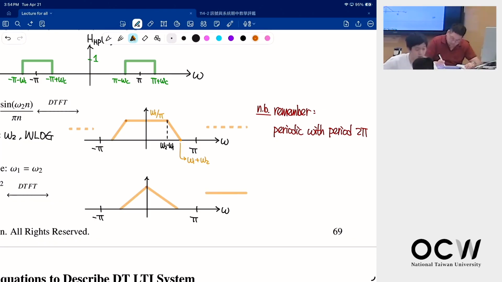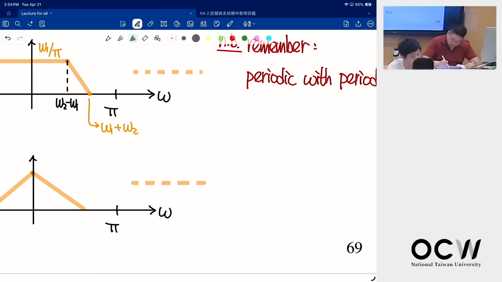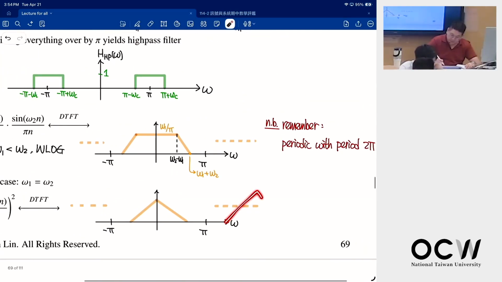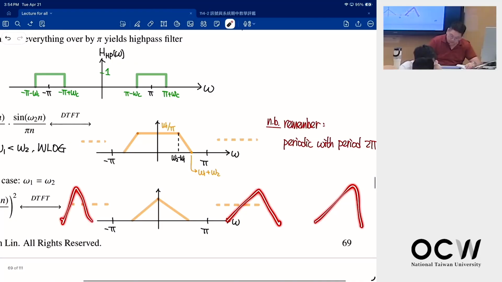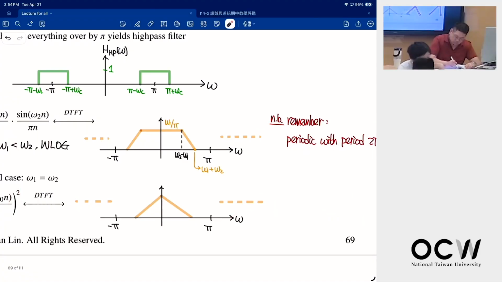And it's periodic, so here you will also get a triangle. Remember, that means here I have another one, another one, another one, another one. Okay?